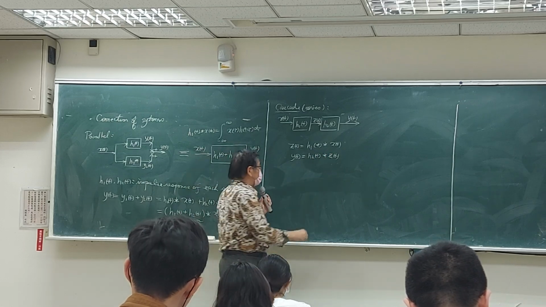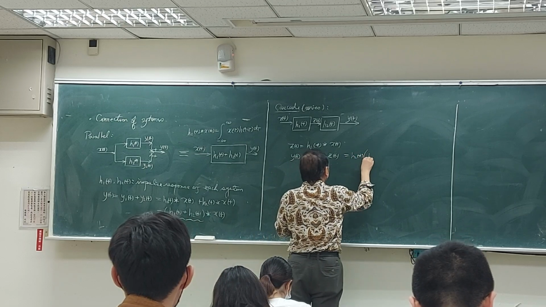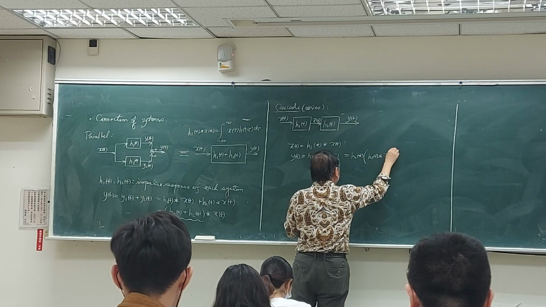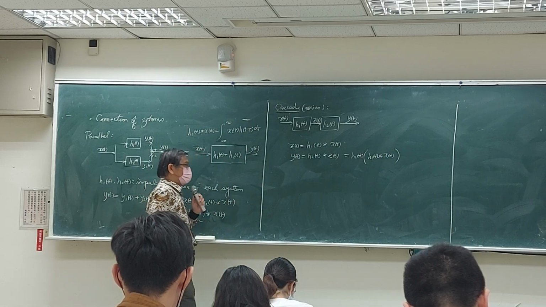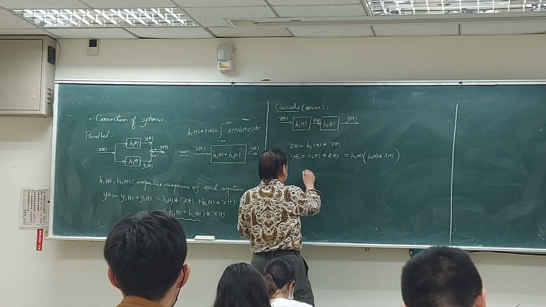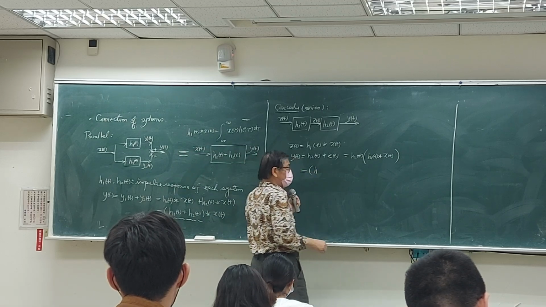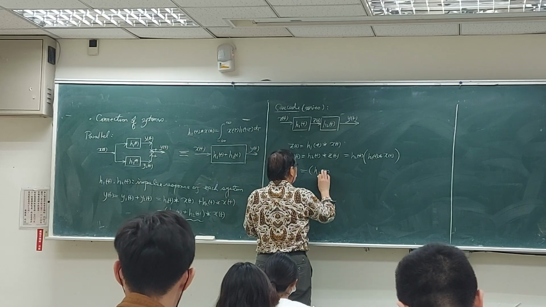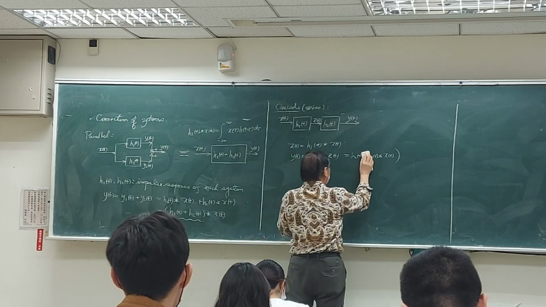but that also equals H2 convolved with H1 convolved with x of t. Now, there's a property of convolution: it is associative.